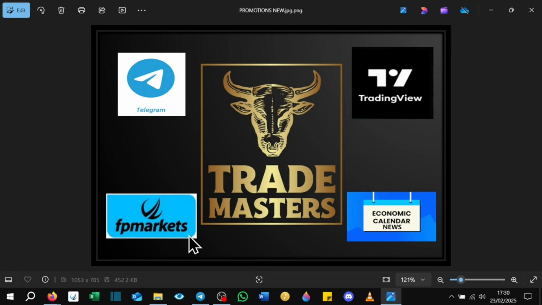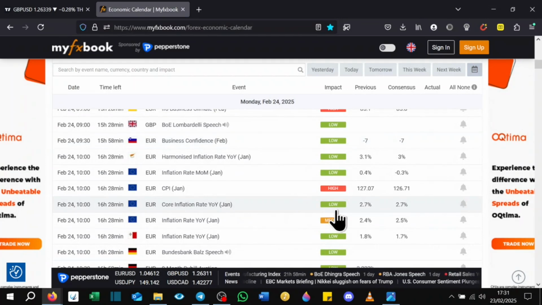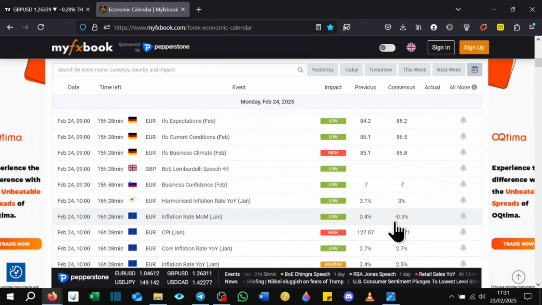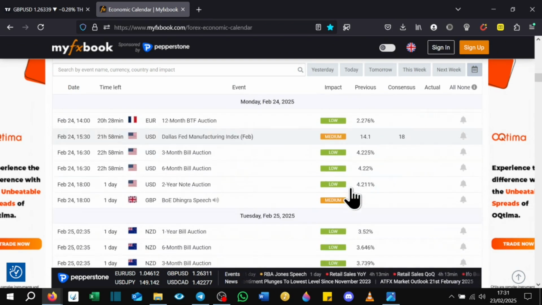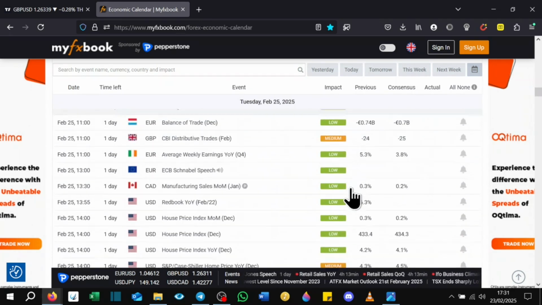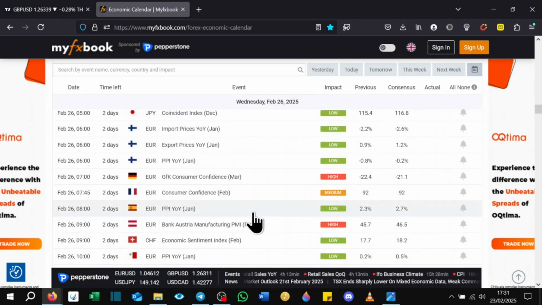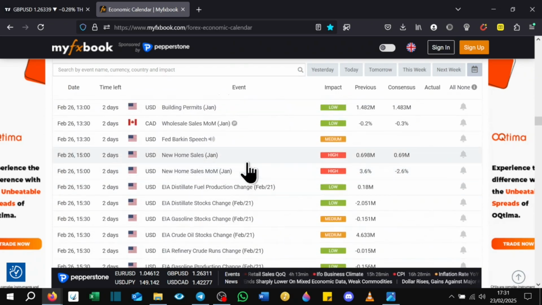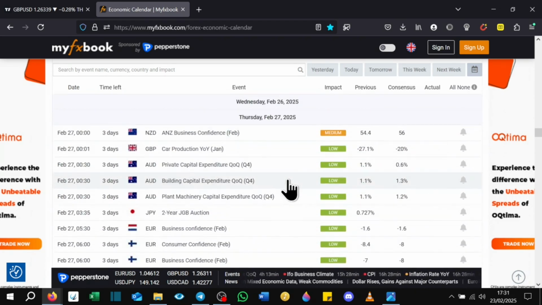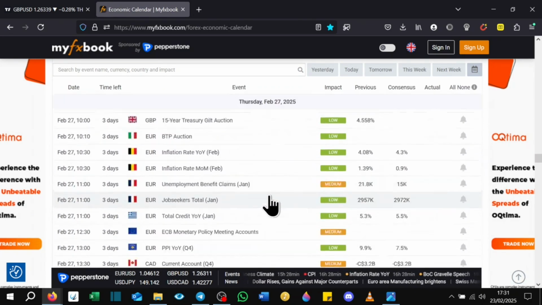Now, just finishing up on the economic calendar for next week. On the Monday, we are only concentrating on red folder news. So there's Euro red folder news on Monday, and then Tuesday AUD, if you trade AUD. There's Euro there, there's Euro again, there's USD red folder, and then I know what's actually going to come up.